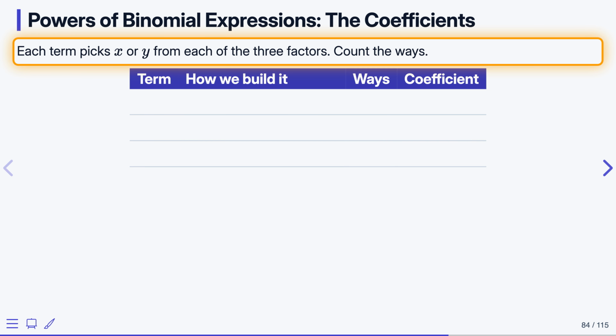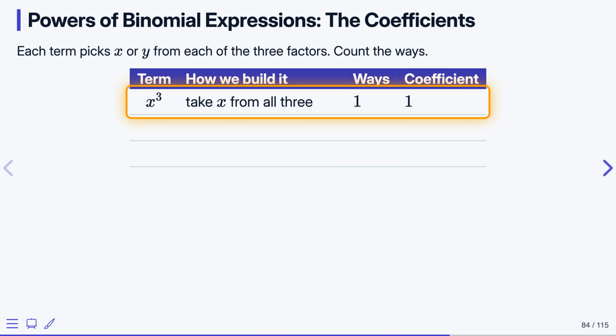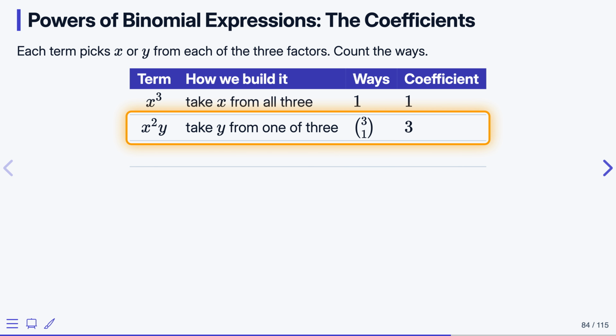Let's count the coefficients one at a time. The question each time is, in how many ways can this term be built? Row 1. For x cubed, we must take an x from all three factors. There is one way, so the coefficient is 1. Row 2. For x squared y, we take a y from exactly one factor and an x from the other two.